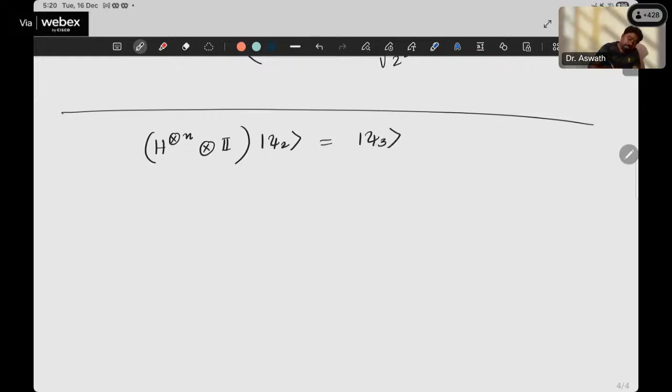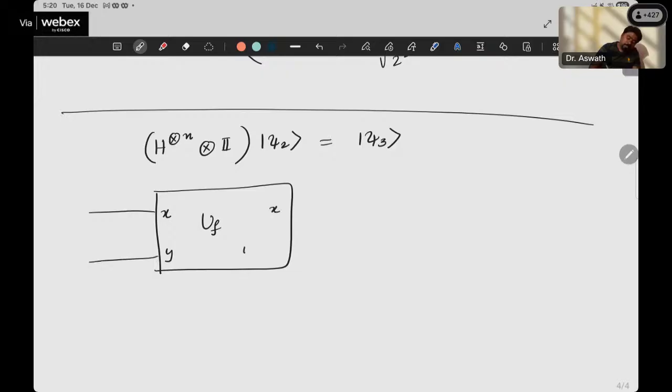So what I mean is, after the unitary function, I have n Hadamards here and nothing on the ancilla part. So I'm just talking about this.